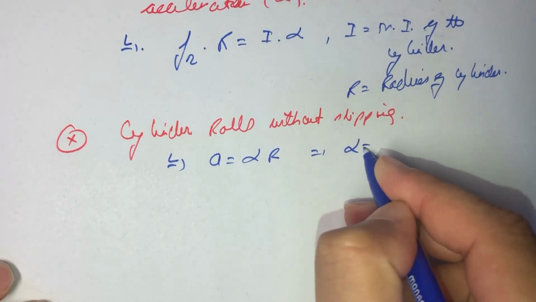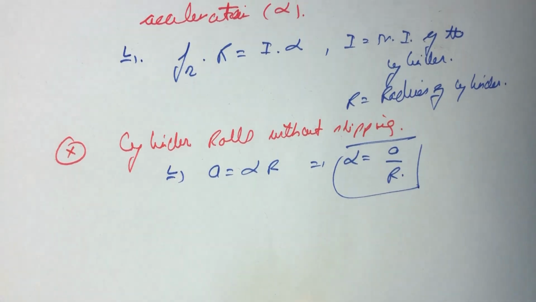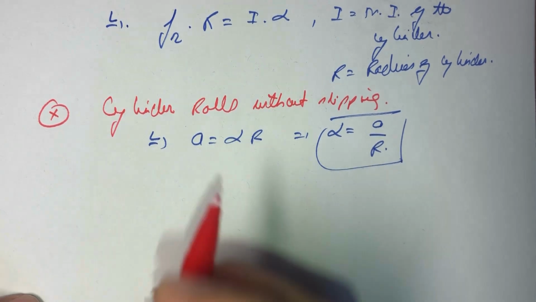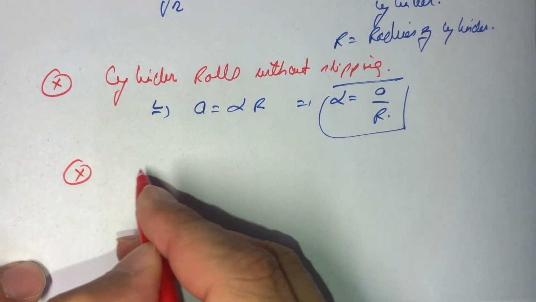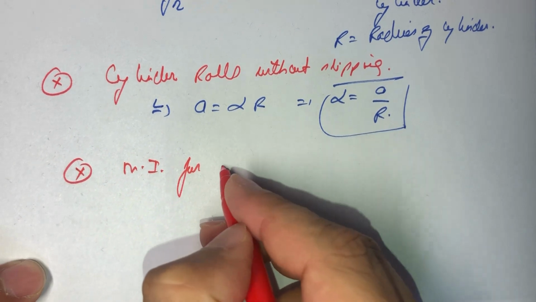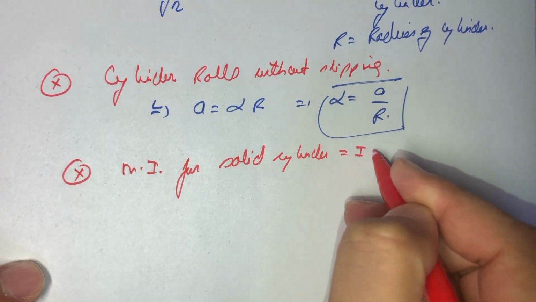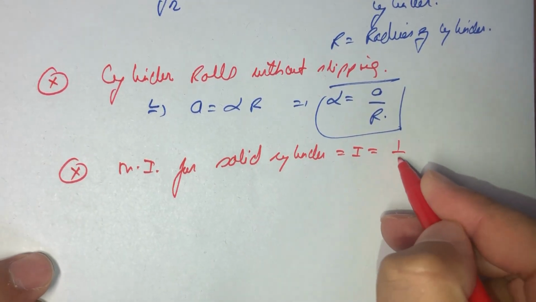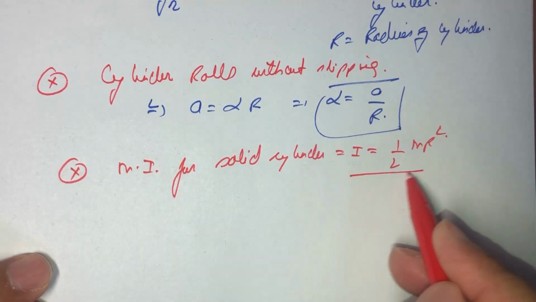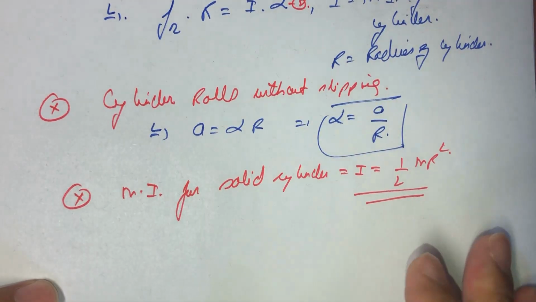So here we can say alpha is equal to linear acceleration A divided by radius r. And the moment of inertia for a solid cylinder, which is given as I, is equal to half m r square. So let us call this equation number 2.